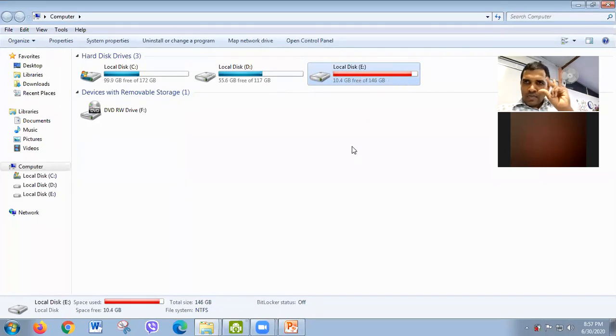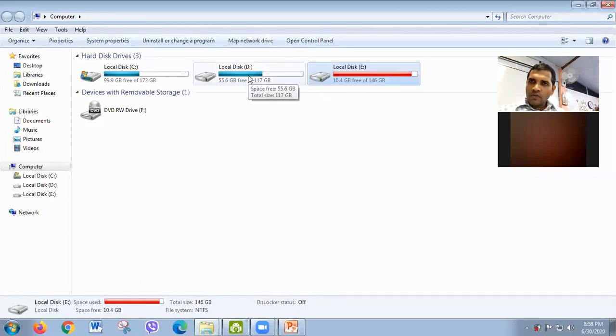Now let's understand our 3 reasons. When we have a real partition in front of us, we can easily understand. So what is my first reason for partitioning? To save different data in different locations. Look here, I have 3 locations. So in E drive, I could have saved videos and audios.